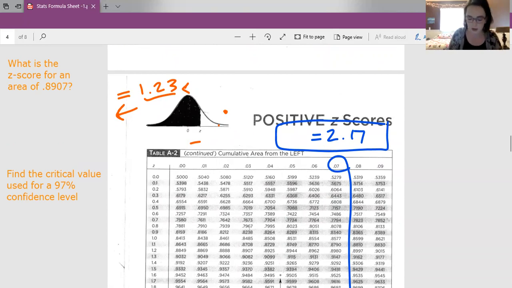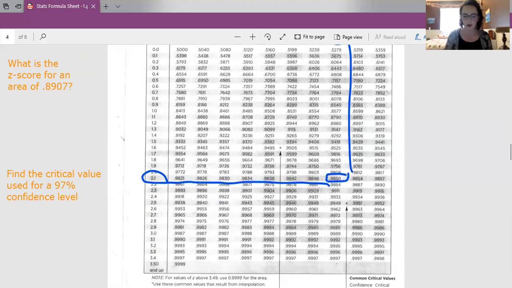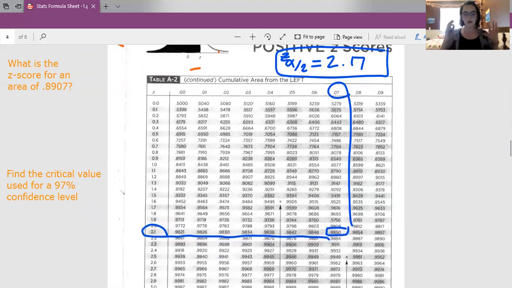So that's why we say z sub alpha over 2. That is the critical value, and that is the answer to this question. So that's just a workaround of how to find z values from the area. We did an example, something you'll see in maybe chapter 6 and 7, and then one from 7 and 8.